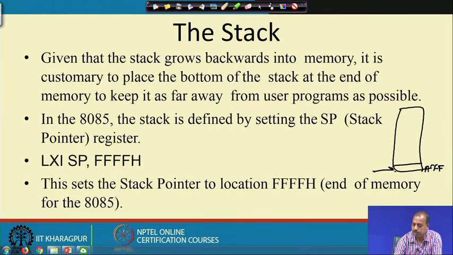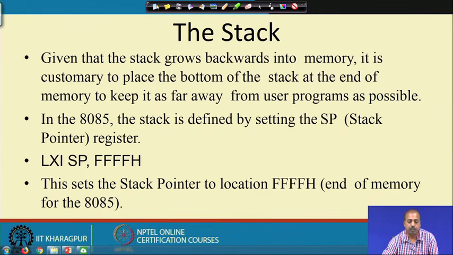For that purpose we have to initialize the register SP to the value FFFF hex, and for that we have this instruction LXI SP, FFFF hex. So, the stack pointer gets initialized to the end of the last memory location. From that point onwards it starts growing and it can grow towards the address 0.